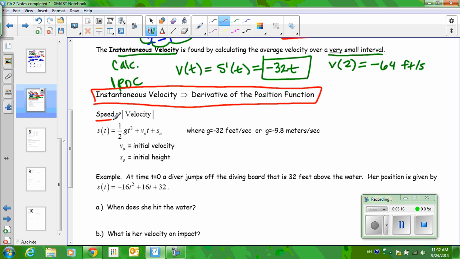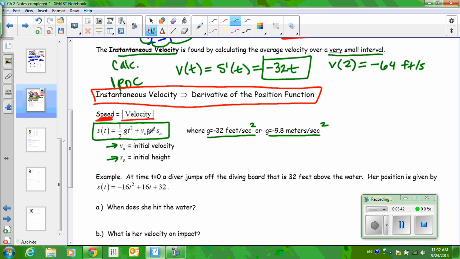Just to relate this back to speed, speed is the absolute value of velocity. And we have this overall equation where the position is half of gravity, where gravity is 32 feet per second squared, or in meters, negative 9.8 meters per second squared. V sub 0, or V naught, is initial velocity, and S sub 0 is initial height.